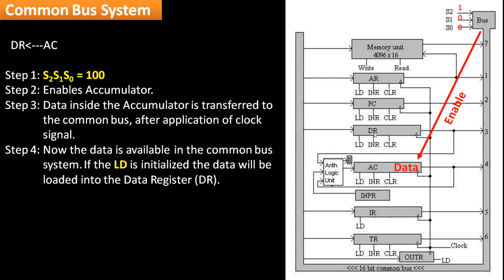What we need to do is load this. To send the data into the data register, we need to provide the load signal LD. After providing the LD signal and getting a clock, the data available in the 16-bit common bus system will be written into the data register.